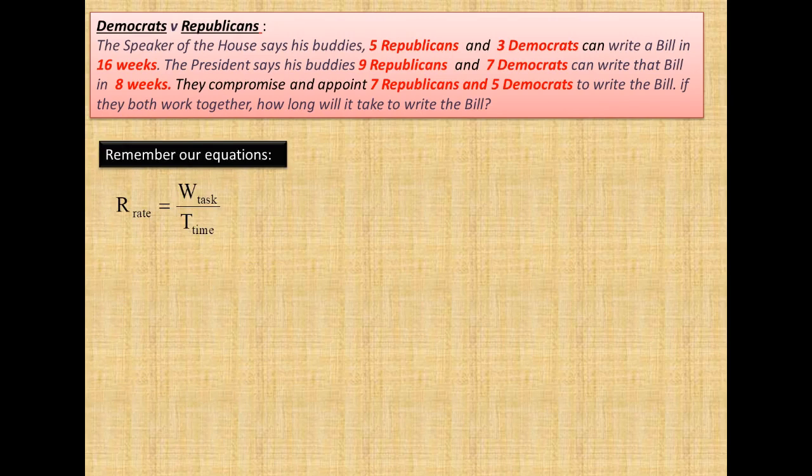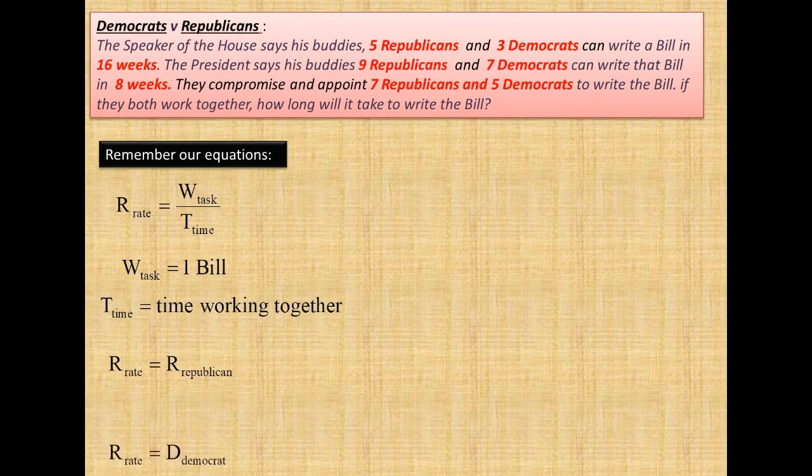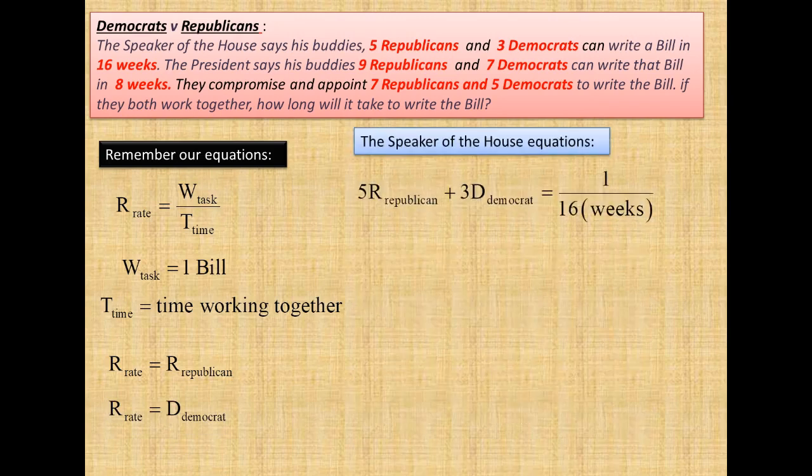Remember our equation. Rate equals work task divided by time. Work task equals 1 bill. Time equals time worked together. R rate equals R Republican. And R rate equals D Democrat. So the equation for the Speaker of the House is 5 times the Republican rate plus 3 times the Democrat rate equals 1 over T, and T is 16 weeks.